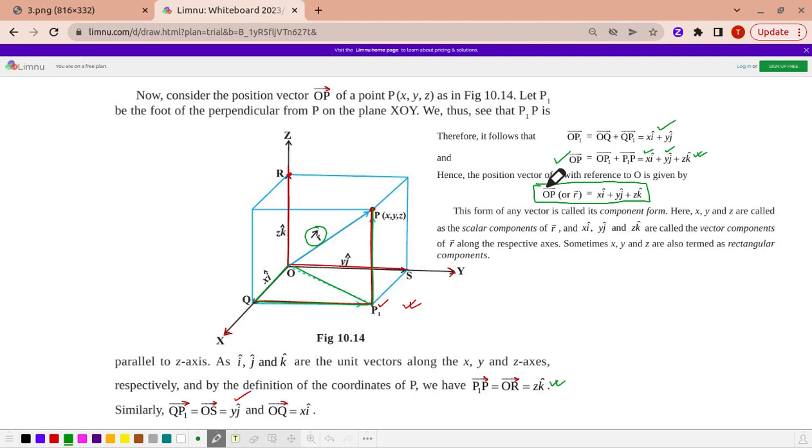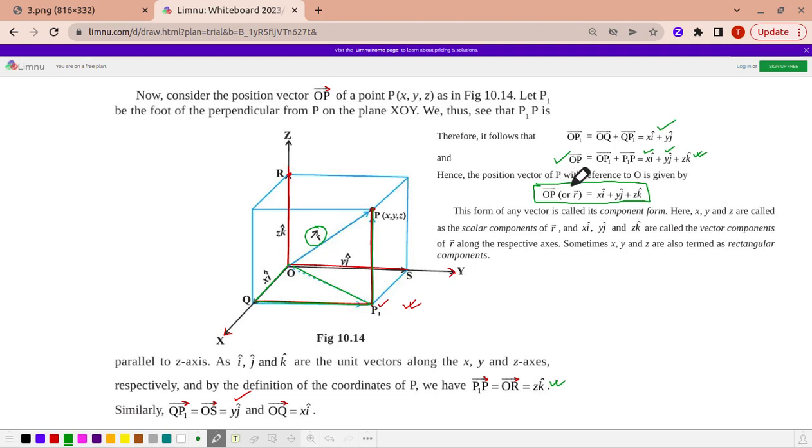Here x, y and z are called the scalar components of the vector R, and xi cap, yj cap and zk cap are called the vector components of R along the respective axes x, y, z.